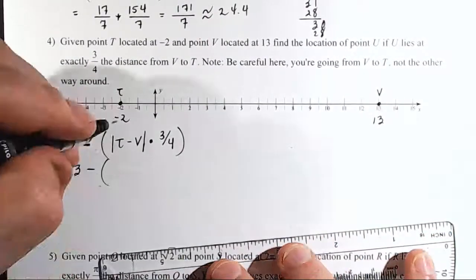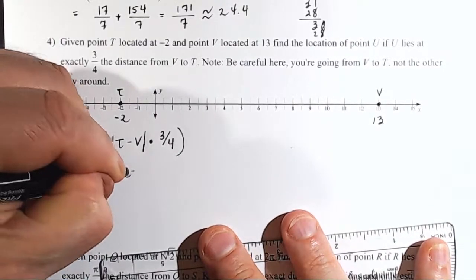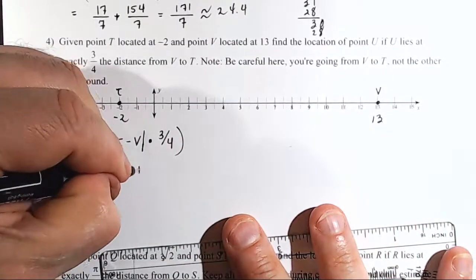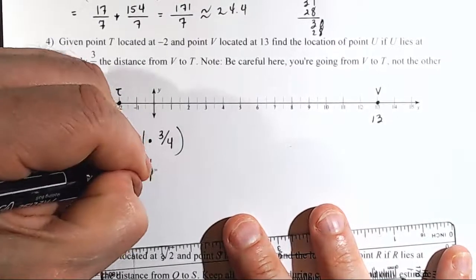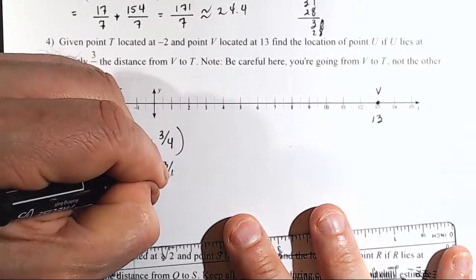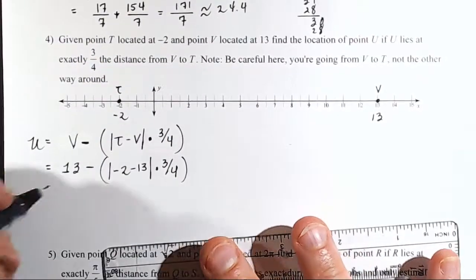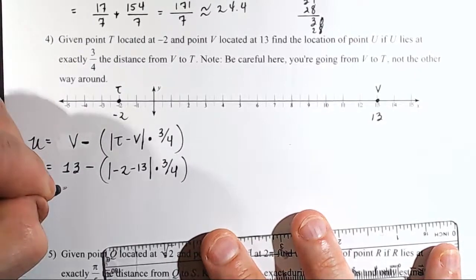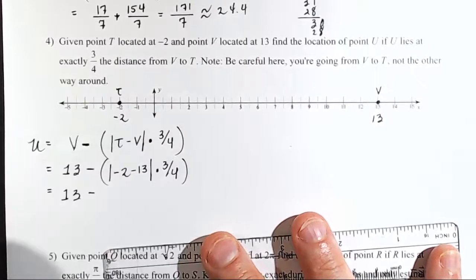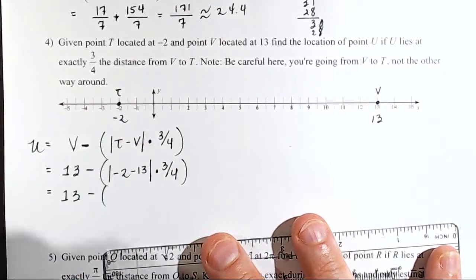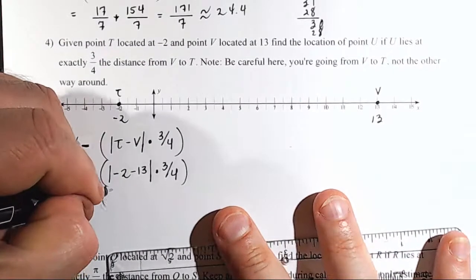All right, so now we'll substitute in values for T and V. That'd be -2 minus 13, absolute value of that difference, times 3/4. Yeah, this is making more sense the more I look at it. All right, so now let's just rewrite 13. Oh, I like this problem. It's kind of interesting. Something different. Open parentheses, and then -2 minus 13 is -15, ladies and gentlemen.